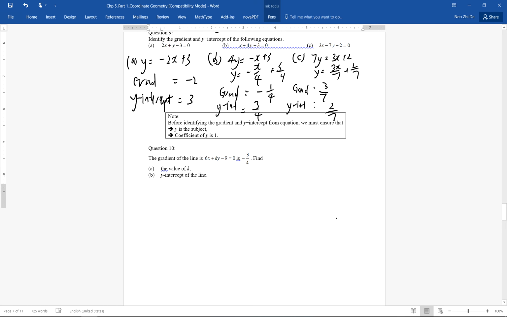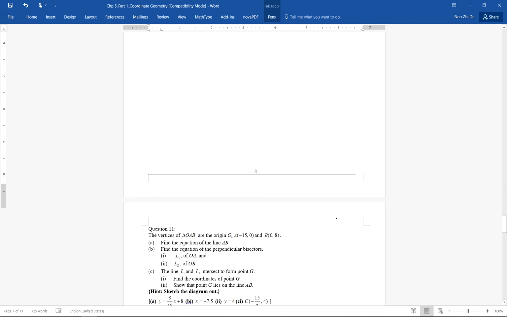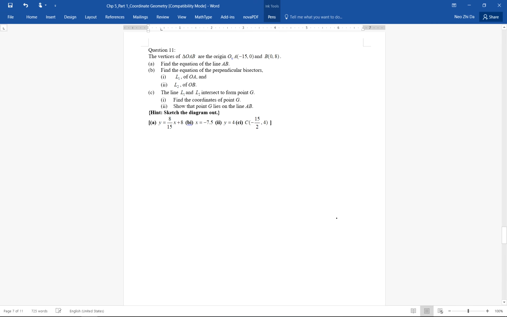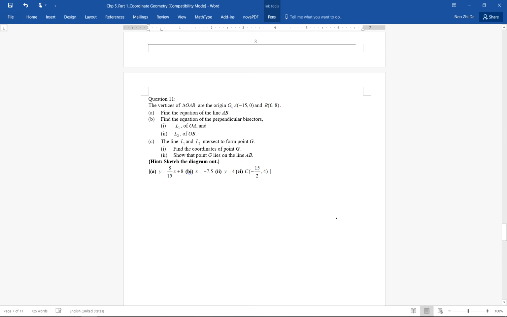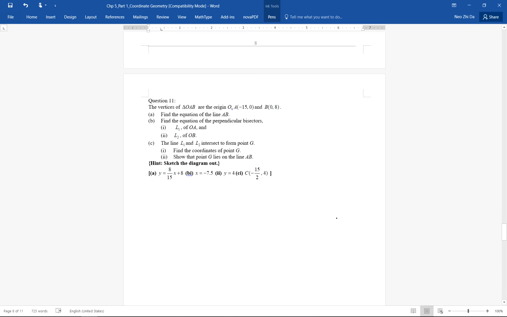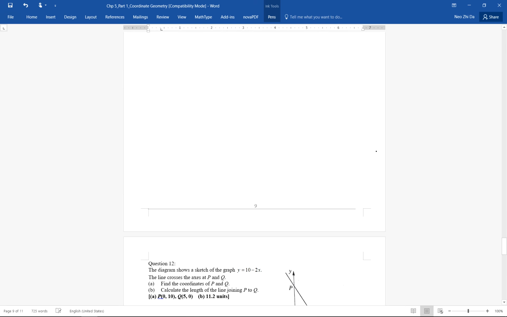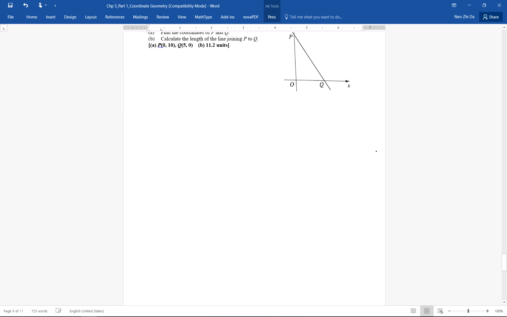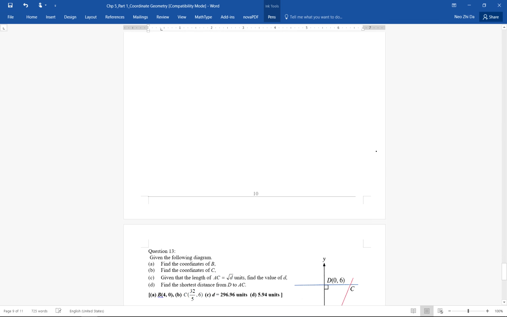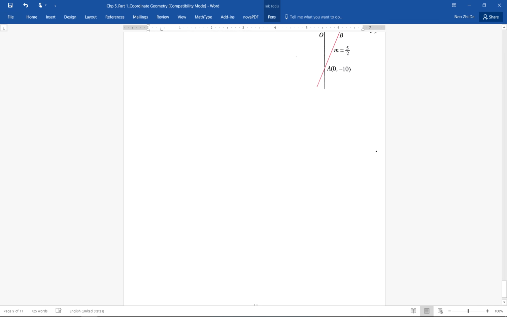Using these two strategies, I want you to do question 10, 11. For 11, you need to draw it out by yourself, do some construction like that. Draw out the Cartesian plane, then find the information. And 12, 13, that's all.